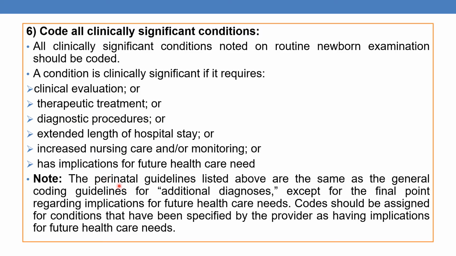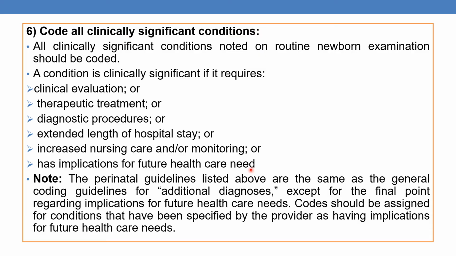One important note is that the perinatal guidelines listed above are the same as the general coding guidelines for additional diagnosis, except for the final point regarding the implications for future healthcare needs. Codes should be assigned for conditions that have been specified by the provider as having implications for future healthcare needs. Because these conditions are regarding the newborn, there is an additional point: implications for future healthcare need.